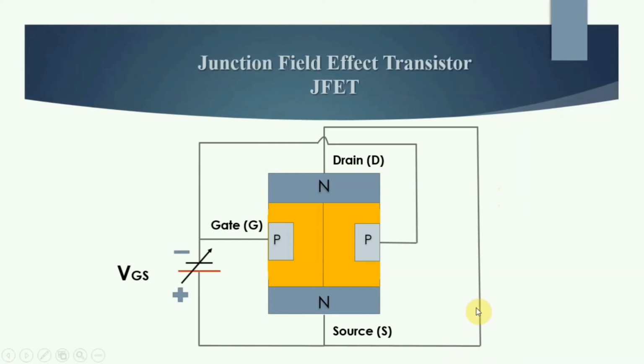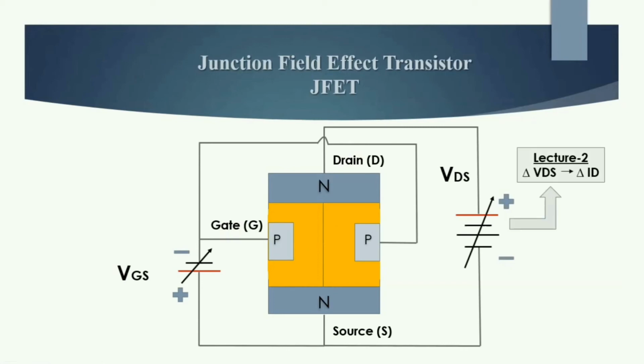We are just talking about the effect of changing VGS on the channel width which is available for the electrons to flow. Now, to have the flow of electrons from source to drain, if we connect a battery as VDS like this, then the shape of depletion regions will be affected. We will see the effect of connecting VDS on depletion region shape in next lecture.